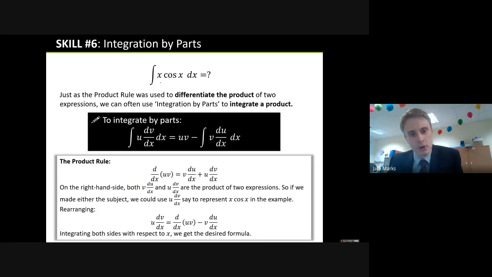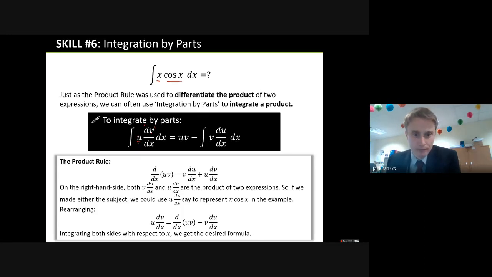And we use integration by parts when we have two pieces sat next to each other, two functions of x being multiplied by each other. And notice this doesn't seem to fit any of the situations that we saw before. So if we had something like this, integration by parts is the way to go. What we do is we assign one of these pieces u, and we assign the other piece, I will call it dv.